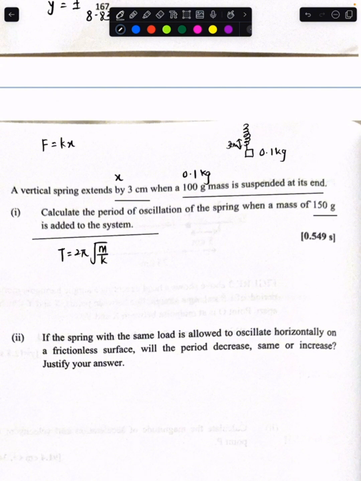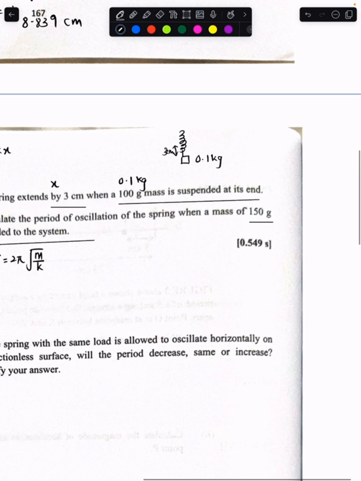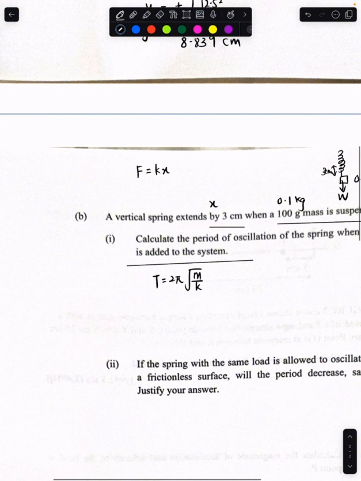Now we can find the force, because this one is the weight, right? We want to find the force. The force is 0.1 times 9.81 to find the weight, which is also the force.